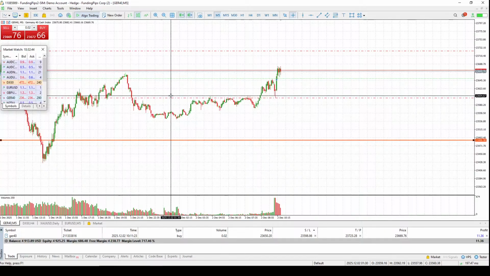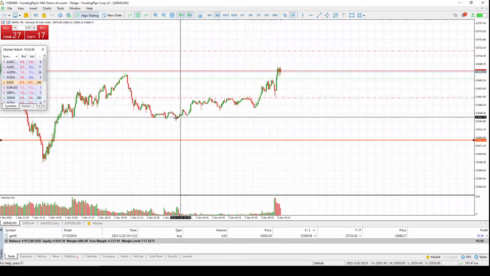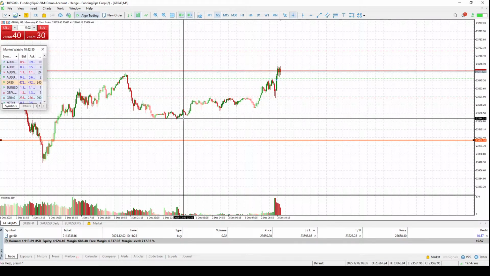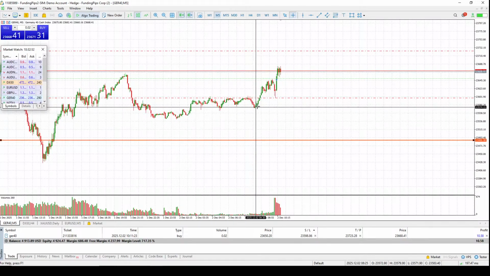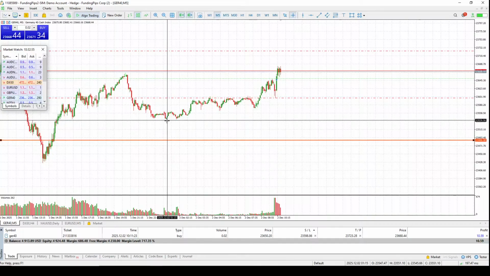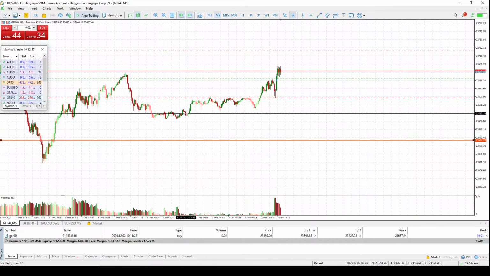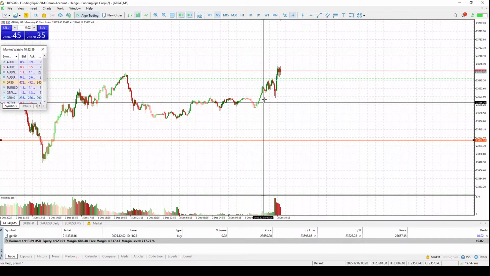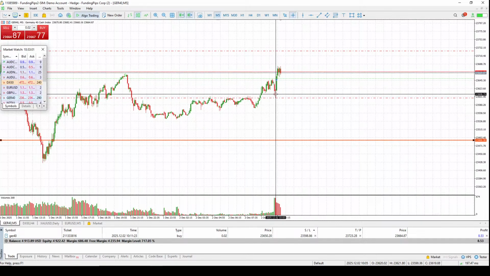Actually, today the Asian session was giving a little signal, which is these higher highs. You see, after this low, it just keeps bouncing a little bit higher and higher, which means it's a good signal for a buy.